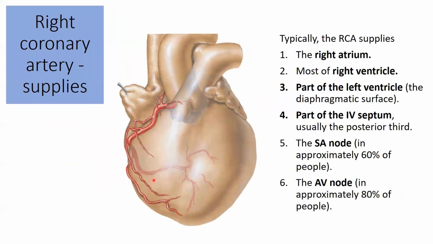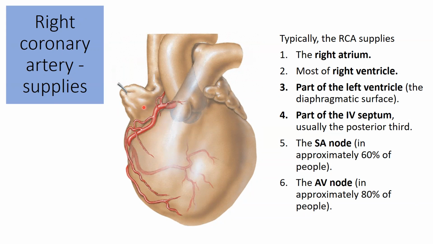Typically the RCA, the right coronary artery, supplies the right atrium, obviously, most of the right ventricle, part of the left ventricle, especially the diaphragmatic surface down here, and part of the IV septum, the interventricular septum, usually the posterior third, and the SA node.